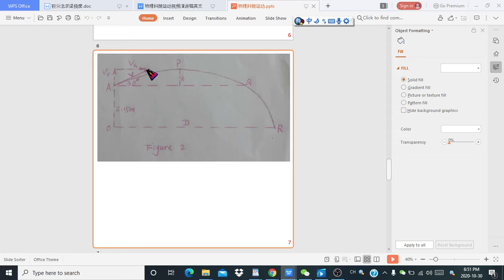The angle between the rock velocity V and the horizontal line AQ is 30 degrees. The distance between P and the line AQ is small h.